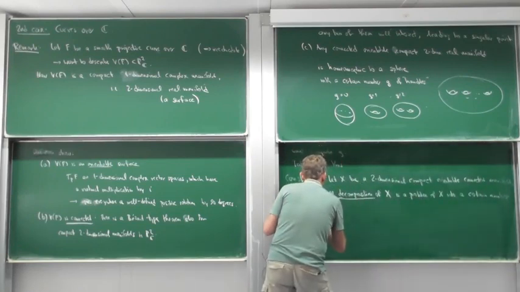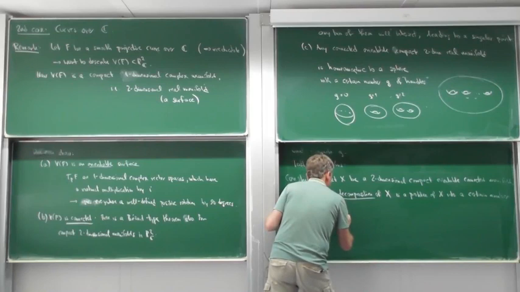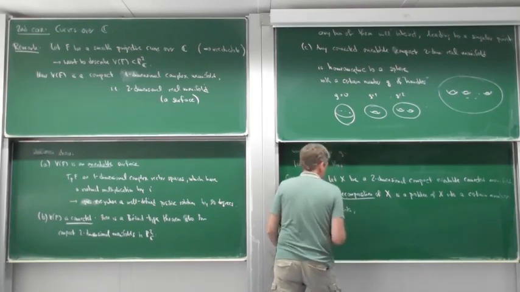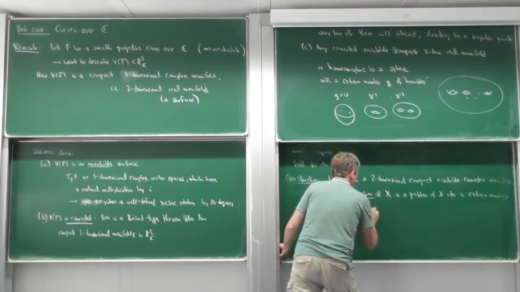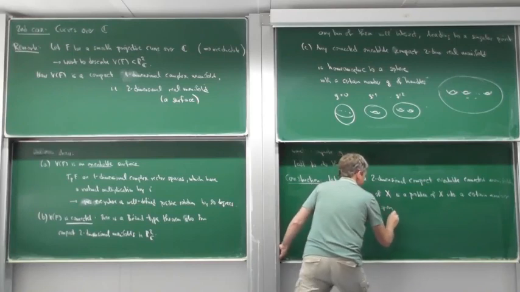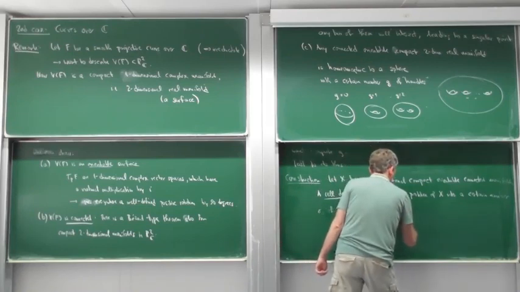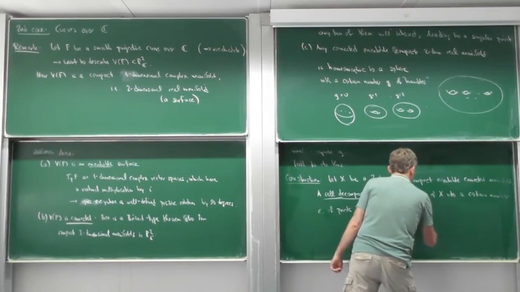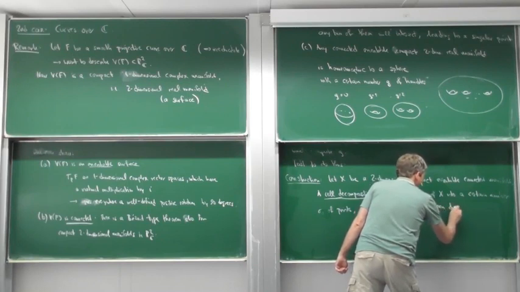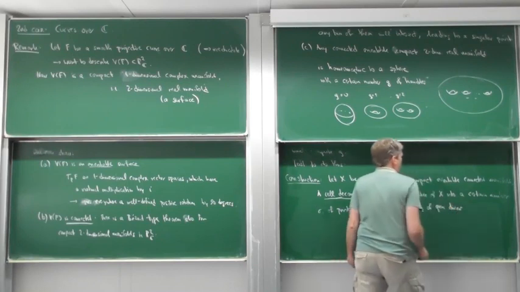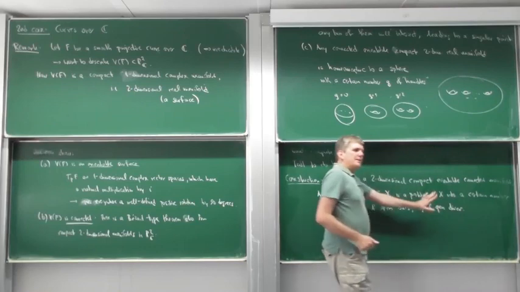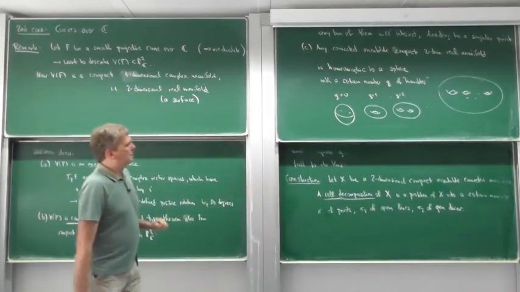So say sigma 0 of points, sigma 1 of open lines, so open intervals, and sigma 2 of open disks. Well, with some properties, it should be nice, sort of. In particular, it should be finite.